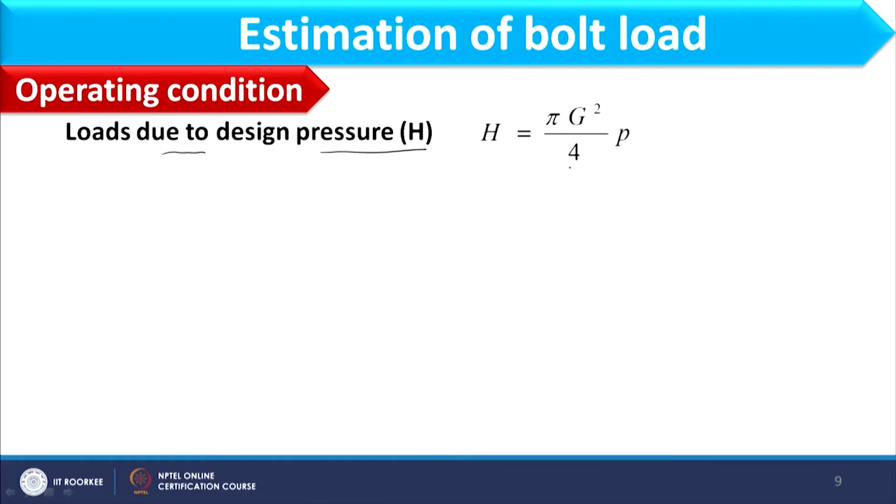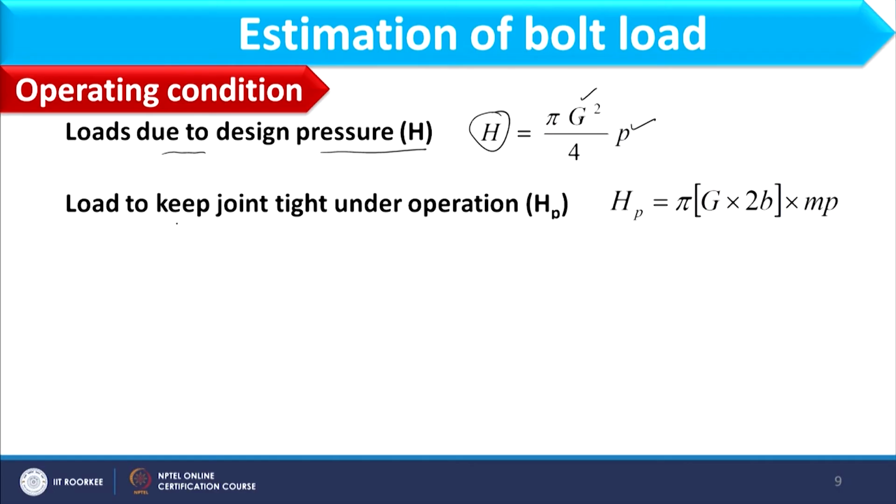First we will find out the load due to design pressure, denoted by capital H, which is pi G square by 4 into P. P is the design pressure and G is the diameter where the load on the gasket will act. Till here that pressure will work.